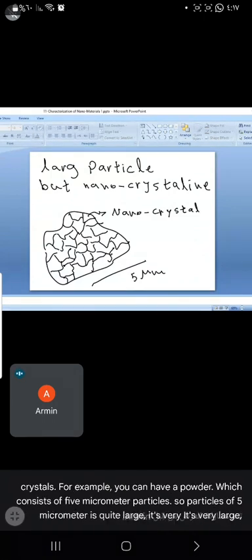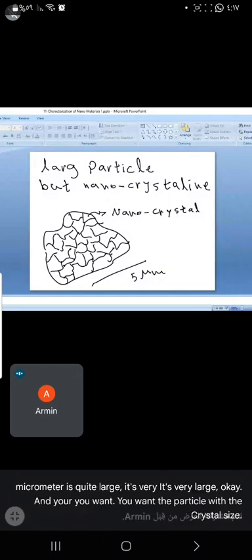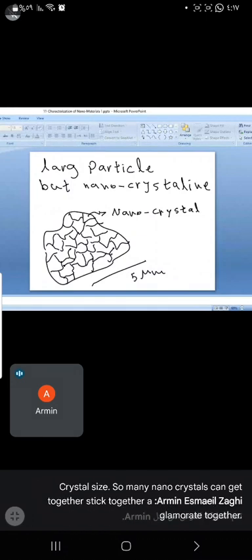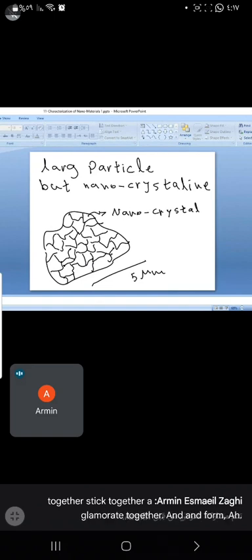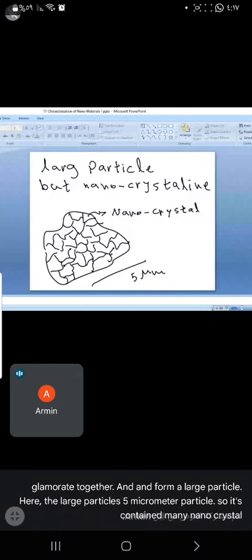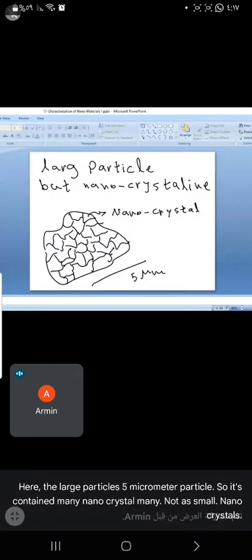Many nanocrystals can get together, stick together, agglomerate together, and form a large particle. Here, the large particle is a 5 micrometer particle, so it contains many small nanocrystals.